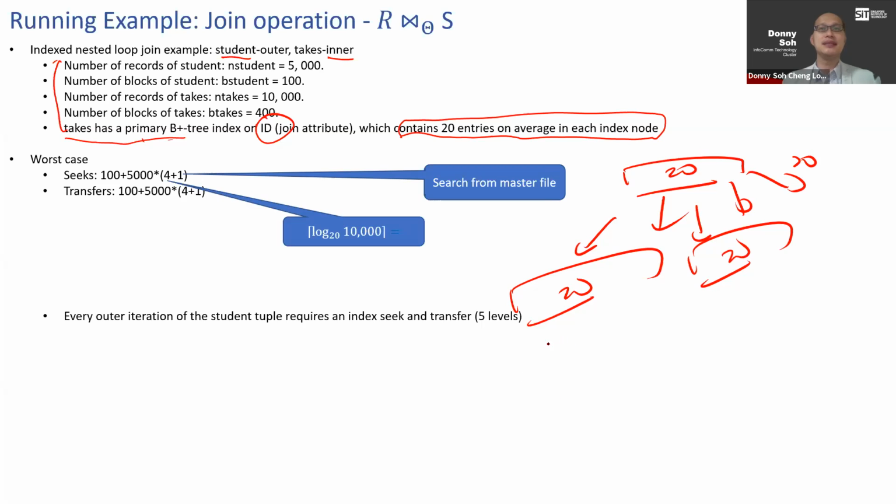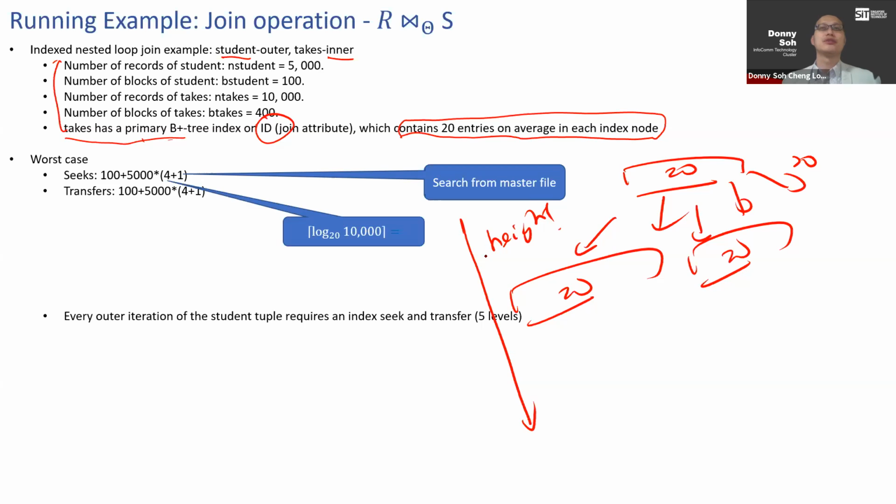So what this means is that I can calculate the height of my B plus tree.